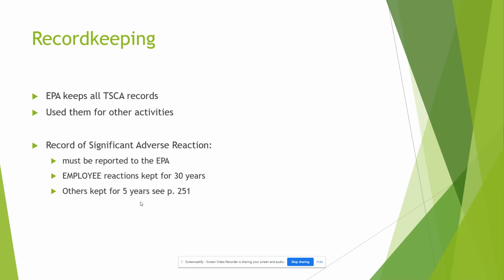Okay, so for record keeping, EPA keeps all the TSCA records and uses them for other activities. Any record of significant adverse reaction to a chemical must be reported to the EPA. Any employee reactions are kept for 30 years and others are kept for 5 years.